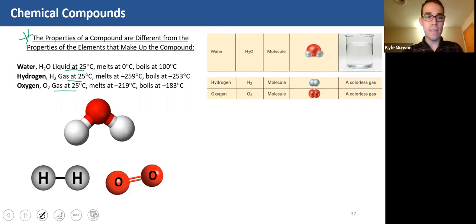Water is a liquid at room temperature, as shown here on the right, whereas hydrogen and oxygen are colorless gases at room temperature. And you can see the differences in their melting point and boiling point. So again, this is saying that the properties of a compound are quite different than the properties of the elements that make up that compound in most cases. So just be aware of that.